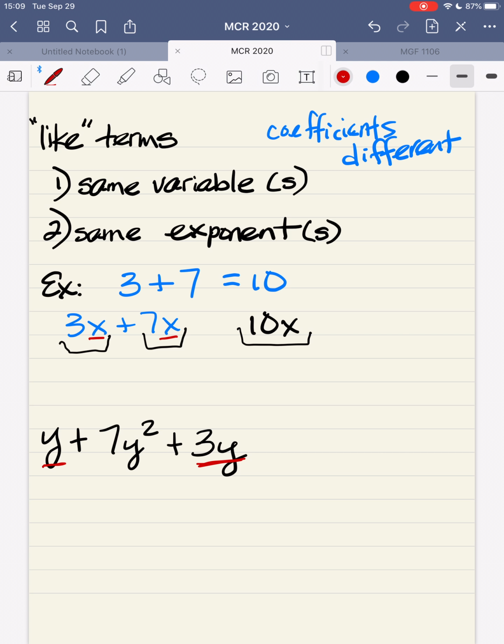Therefore, it cannot be combined or added with either of the other two. So the 7y squared doesn't get combined with anybody. Now the y, remember, has a numerical coefficient of 1. So I'm really adding 1 plus 3 here. That's going to give me a 4, but they're y's, so that's going to be 4y. They're both positive, so we're going to have a plus in between. And I'm done.